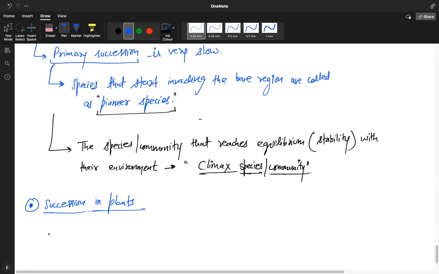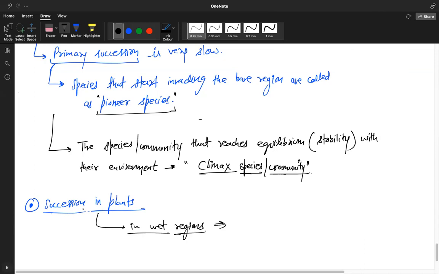So when succession of plants happens in wet regions, the plants were living in too much water condition.